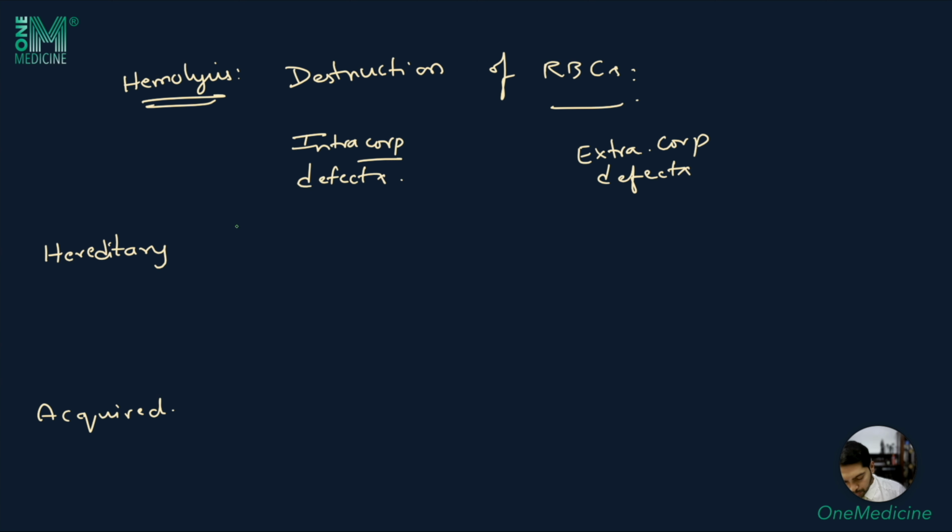Examples of hereditary intracorpuscular defects include hemoglobinopathies, enzymopathies, membrane or cytoskeleton defects.